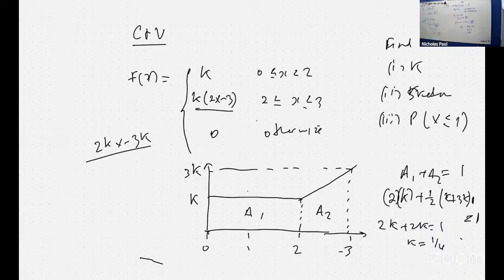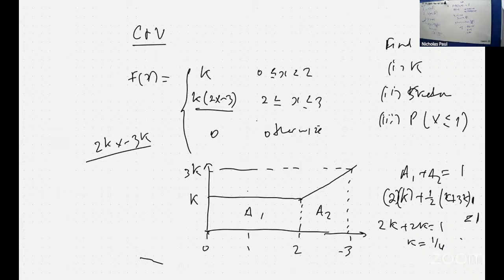Check it out one more time. Remember, the width is 1. The width is 1. 2 times 3 is 6 minus 3, that's 3k.